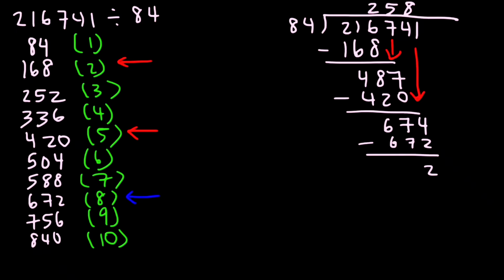So now we need to bring down a 1. How many times does 84 go into 21? 84 goes into 21 0 times. So therefore, we need to add another 0 and a decimal point.